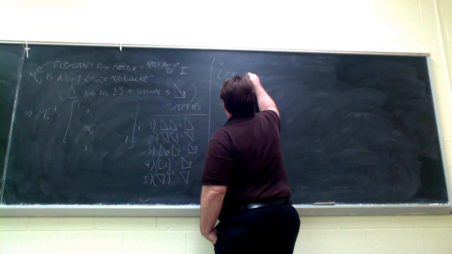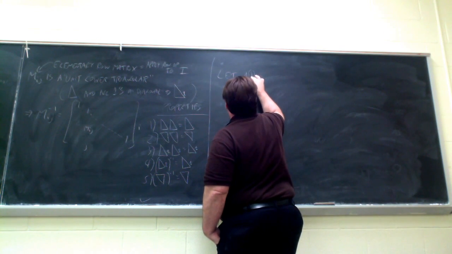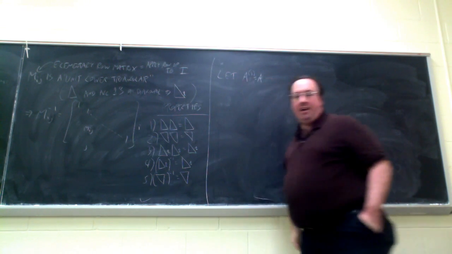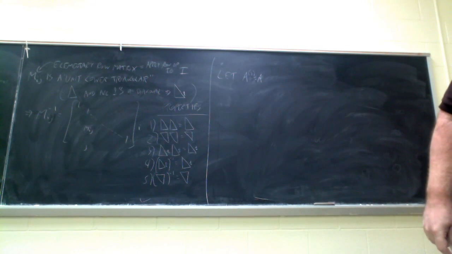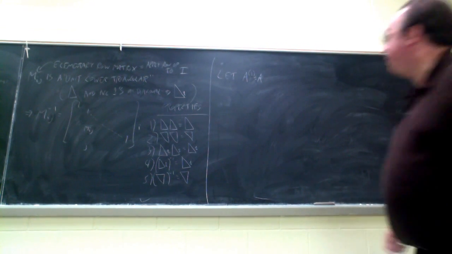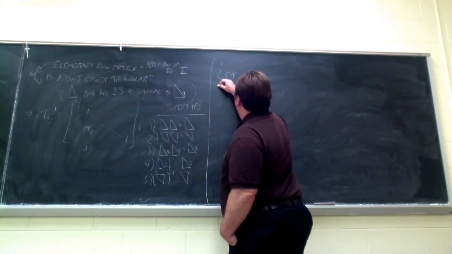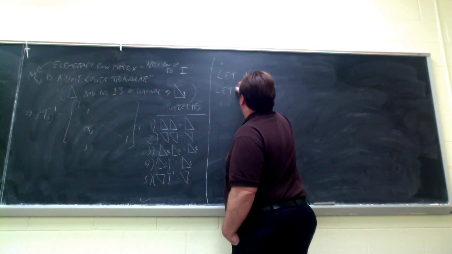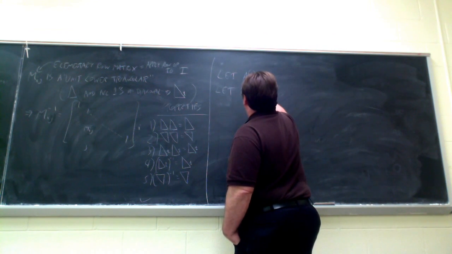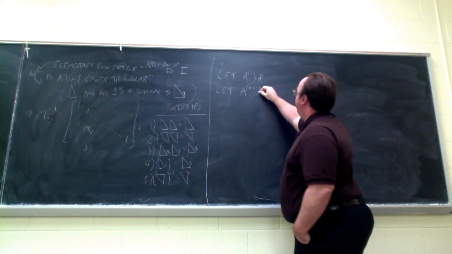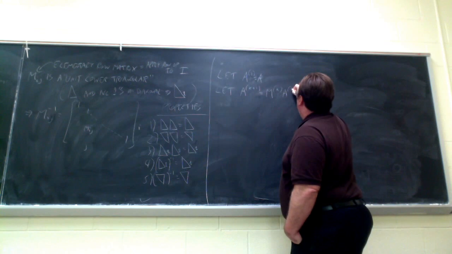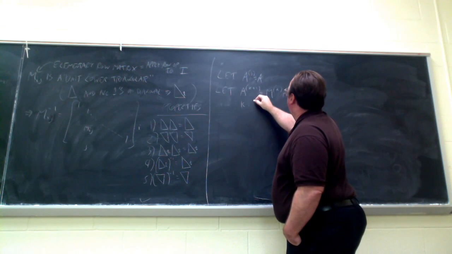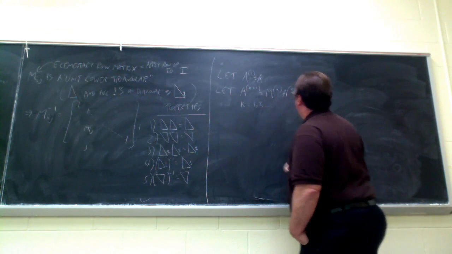Now, I'm going to define A1, solution 1, to just be the original A for Gaussian elimination. And then I'll define the recurrence A(K+1) equals MK AK for K equals 1, 2, and so forth.